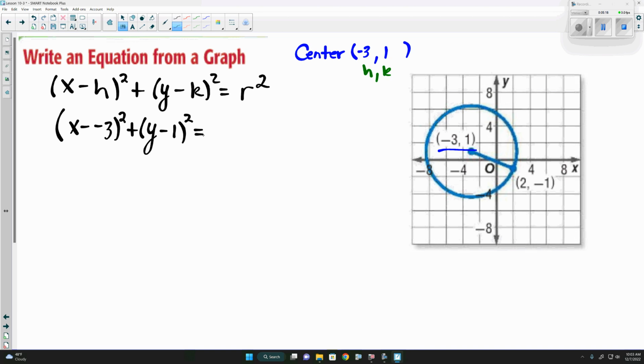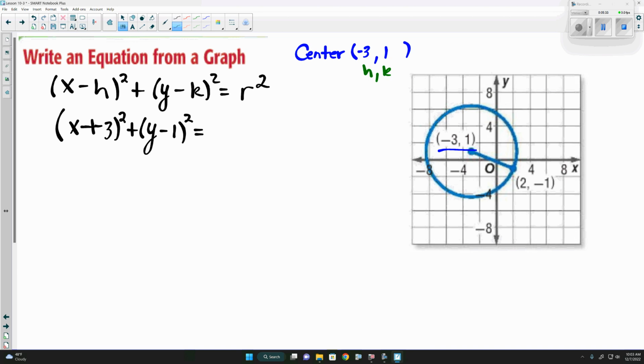And exactly, the negative and negative do make a positive. So we have (x plus 3) squared plus (y minus 1) squared is equal to r squared. So we need the radius.